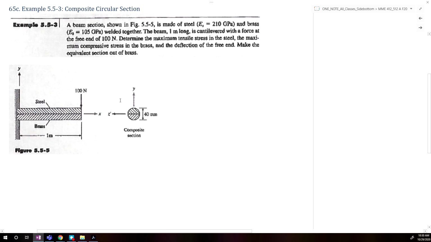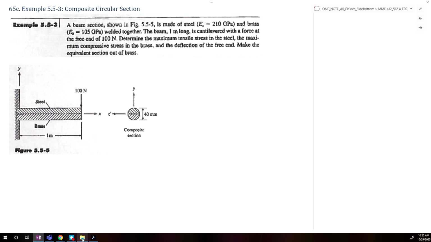Okay, so we have to adjust the width of the round cross section in order to estimate the maximum compressive stress in the brass and the deflection of the free end. So we want to know how much this free end is displacing, and what are the maximum stresses, the tensile stress within the steel and the stress within the brass.